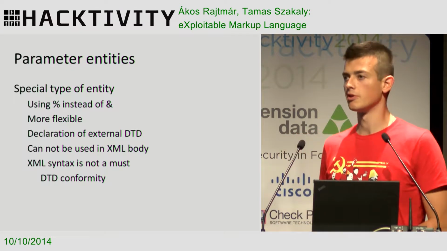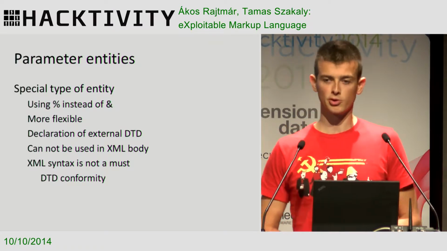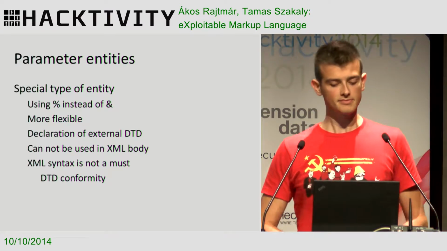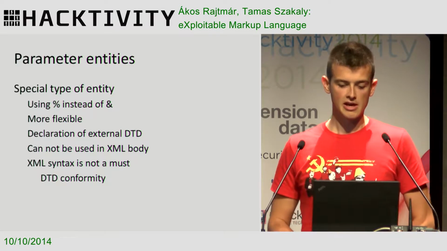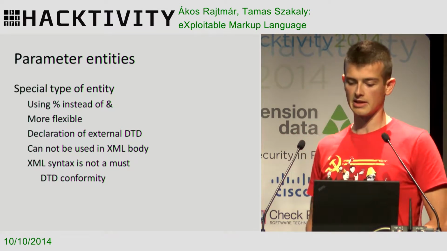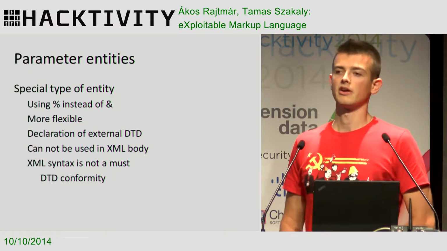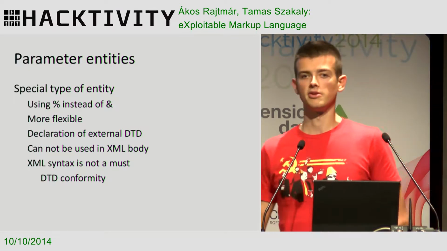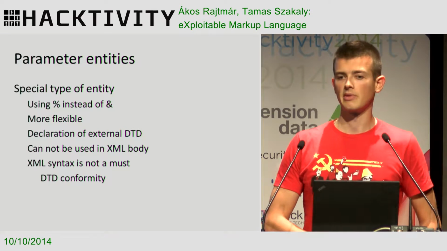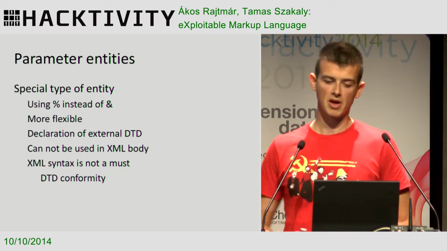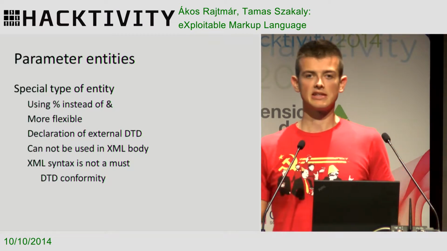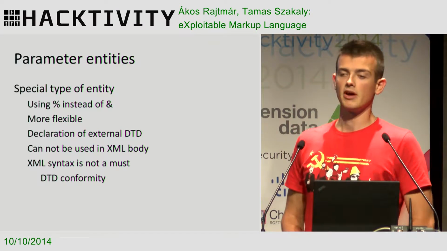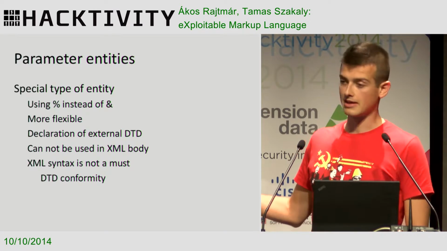In addition to the syntax change, what is more important is that the form is much more free. So these variables will be freely replaced by the DTD interpreter. So we do not have to adhere to XML syntax in our stored information. It's enough if it is DTD conformant.